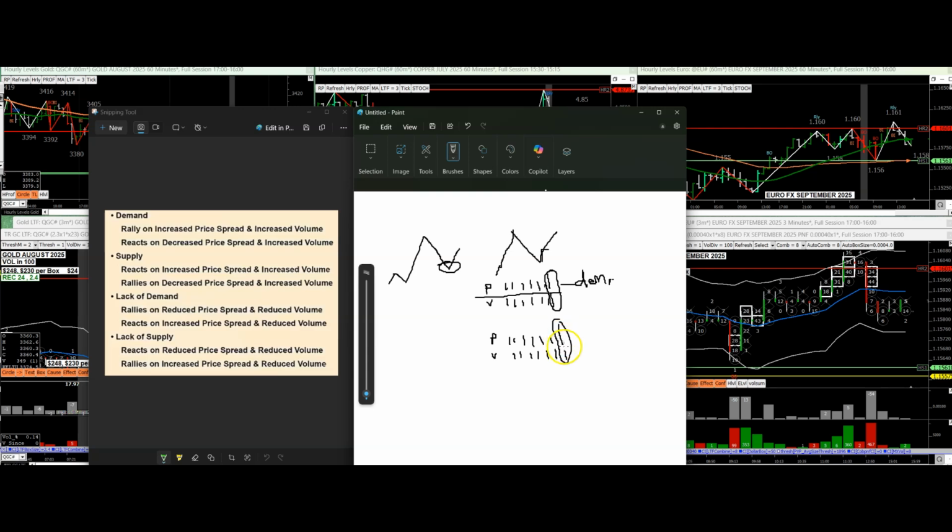A little bit of volume was able to push price, and price from high to low expanded. So this is also a bullish situation, which is called lack of supply, where it rallies on increased price spread and reduced volume. Both these situations are bullish.